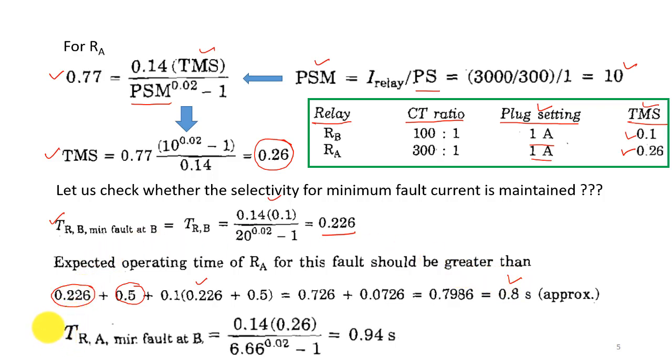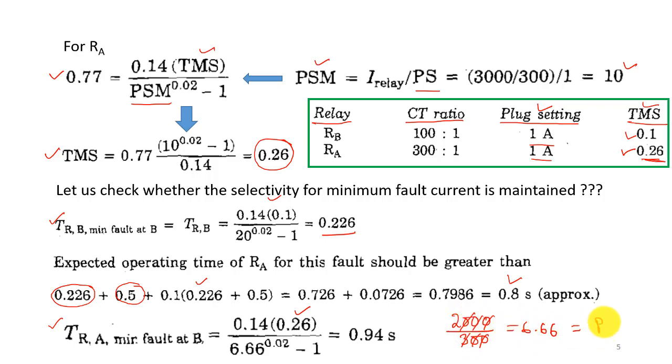So in order to find the operating time of relay A for the minimum fault current at bus B, that will be equal to 0.14 into 0.26. 0.26 is your TMS setting for relay A. Now the PSM can be calculated: your minimum fault current is 2000 ampere, so 2000 by 300, which is around 6.66.